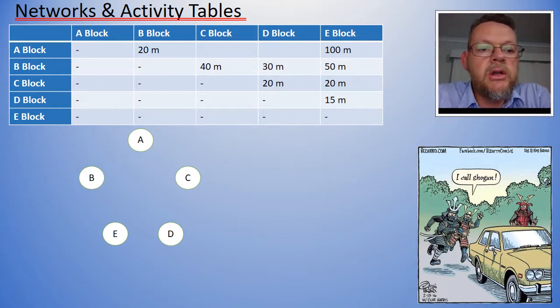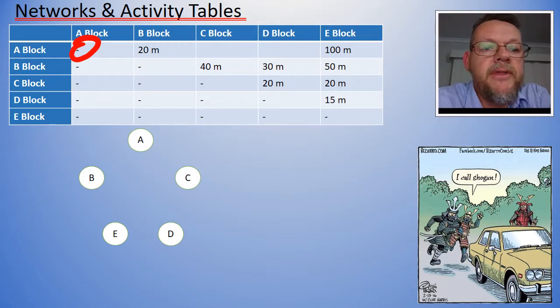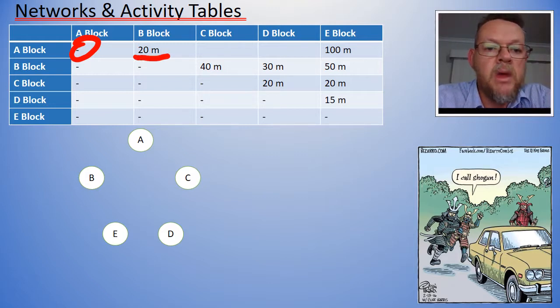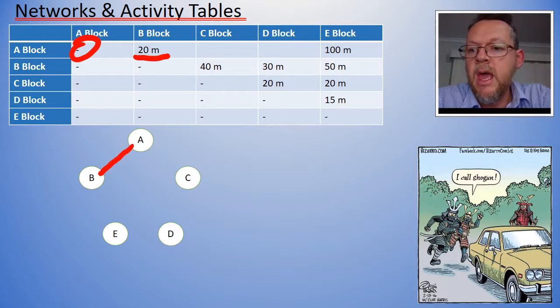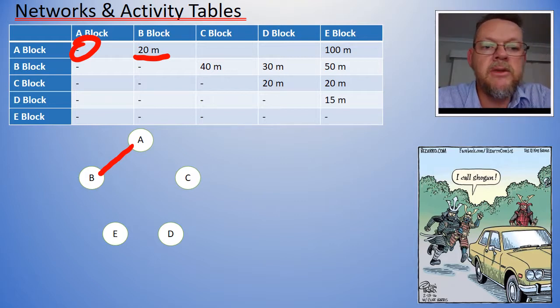Now, I want you to notice a few things. If I join A to A block, it's going to be 0. So I've just left that blank because that doesn't make much sense. But I can see if I'm going from A to B block, it's going to take 20 meters. So I actually can draw this on a network diagram like this, and I can write 20 meters there.